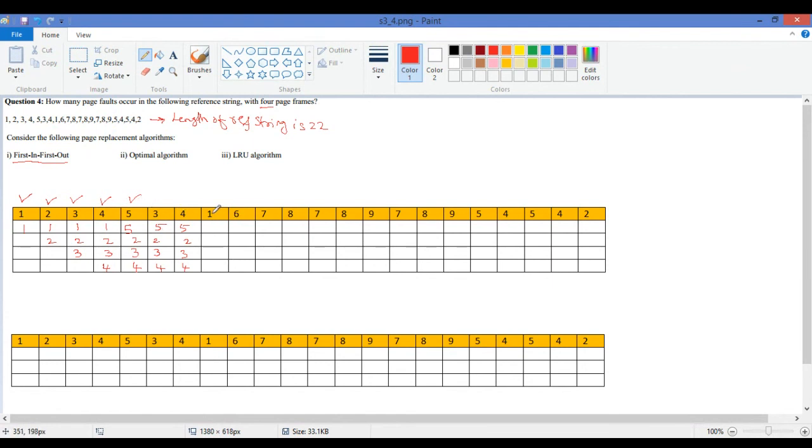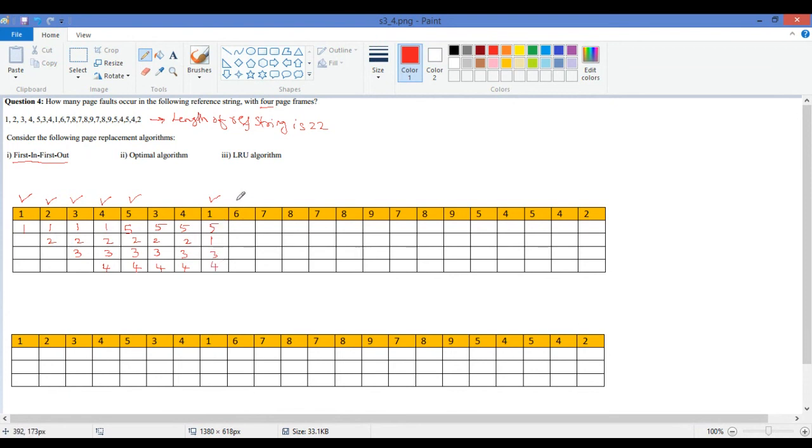Now you see again 1 is not here, so again it is a page fault. Which is the candidate for replacement? You see 2 has been there for the longest period of time, right? So 2 will be selected as the candidate for replacement. 2 will be replaced with 1, and the remaining 5, 3, and 4 are copied.